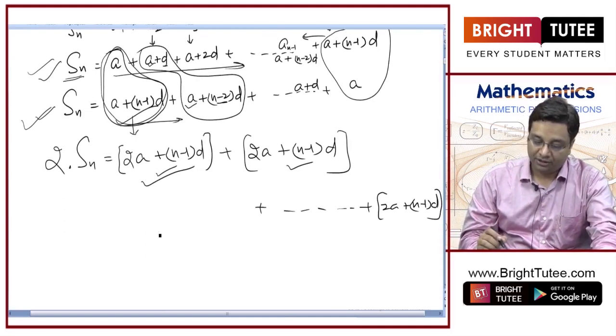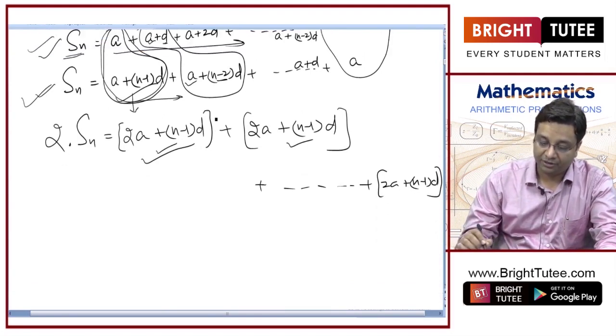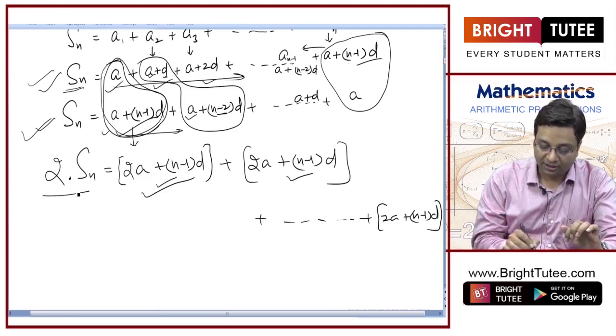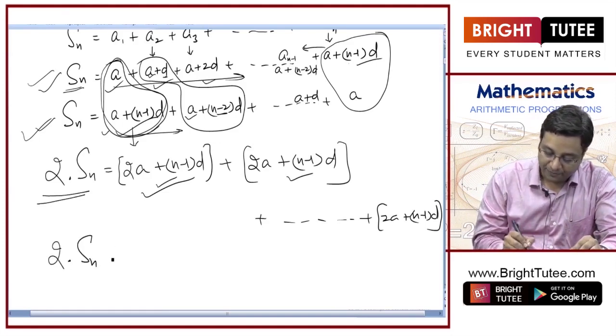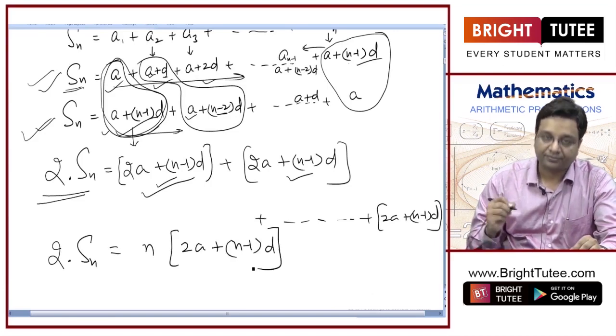And how many times is it written? Obviously n times, because there were n terms in this expression. Similarly n terms in this expression. So in this sum there will be n terms. So twice of Sn will be equal to n into 2a plus n minus 1 into d, right?